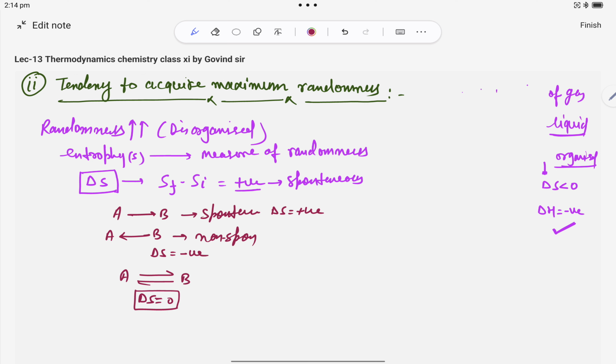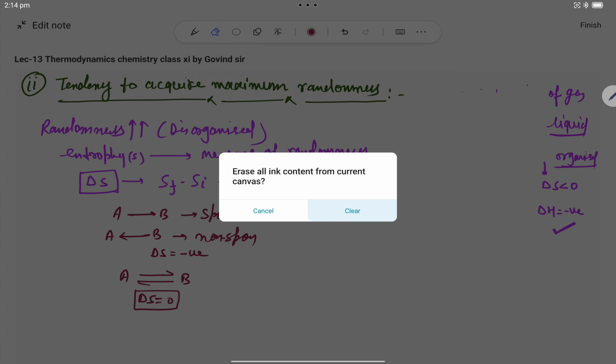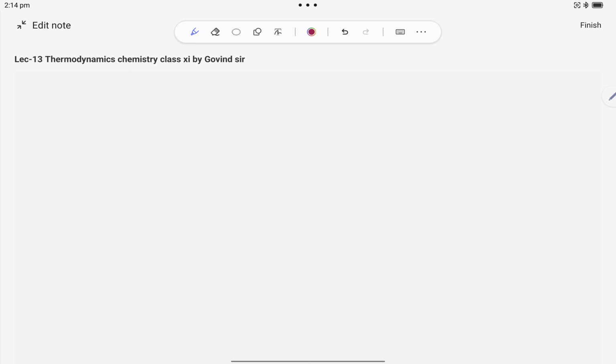So once again, entropy is a state function. It only depends upon the final and initial condition, children. It does not depend upon the path followed by the system. Okay. So let's talk about entropy again. Important points of entropy.